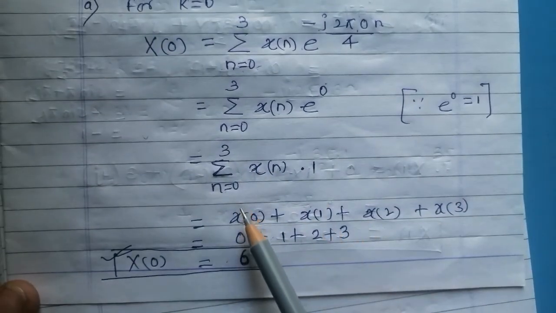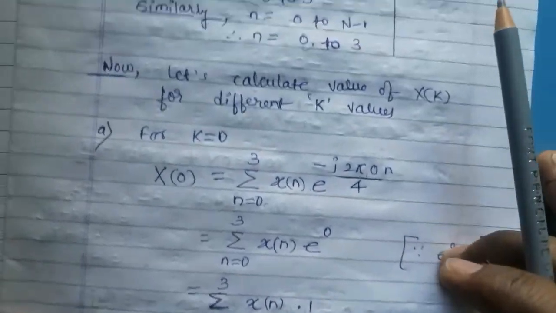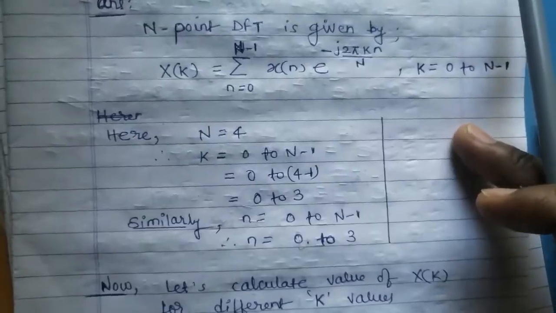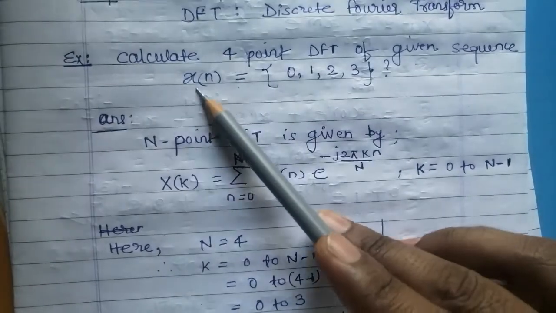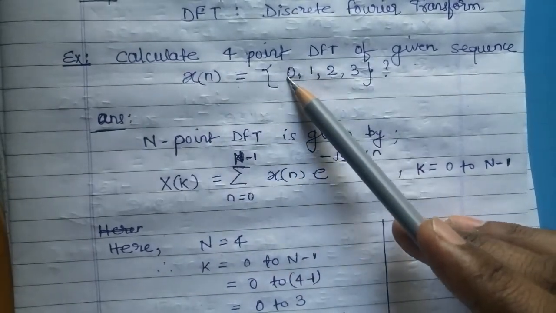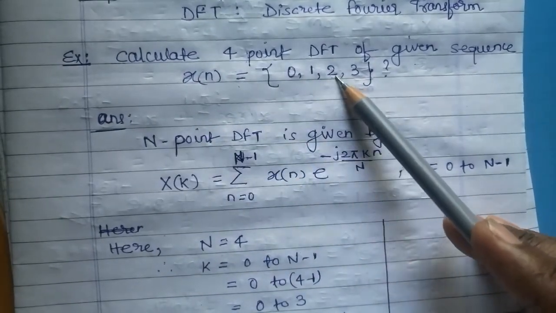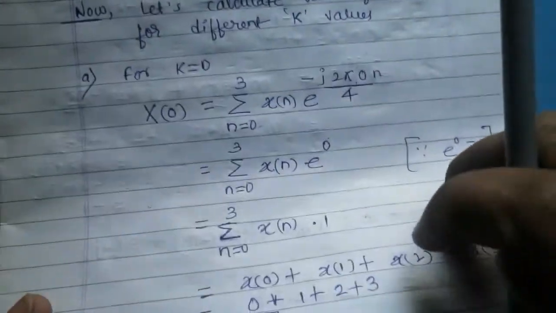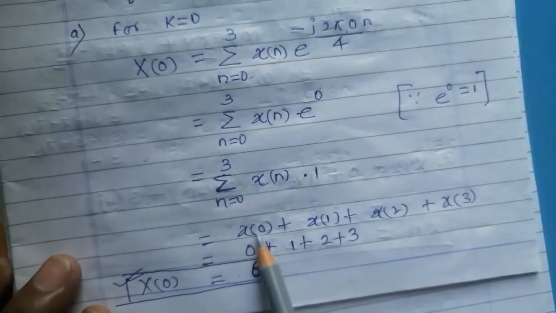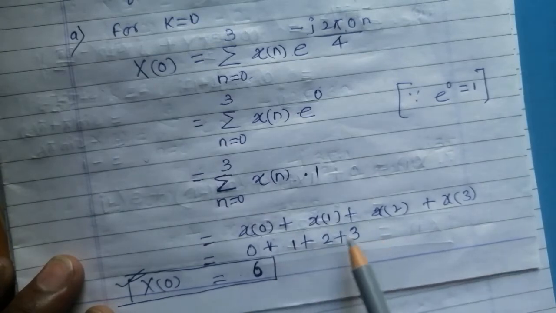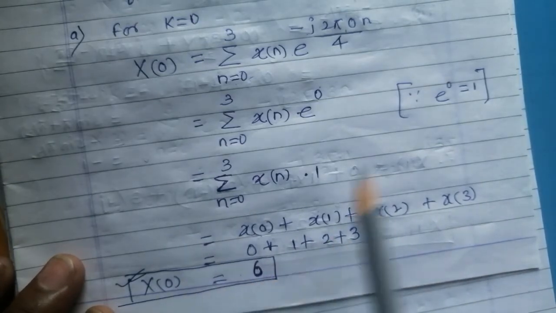The x of n sequence values are already given in your numerical, that is 0, 1, 2, 3. This is x of 0, this is x of 1, this is x of 2, this is x of 3. So I have placed all these values one by one: 0, 1, 2, 3. Sum all this, you get the value 6. So X of 0 equals 6.